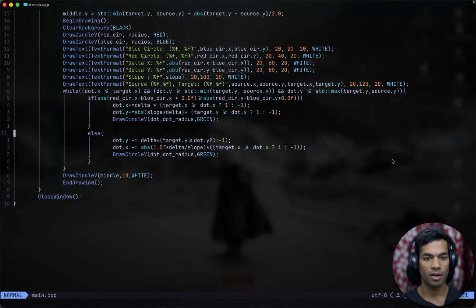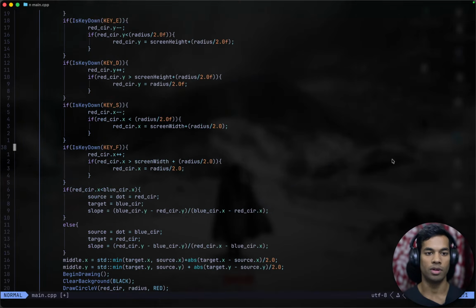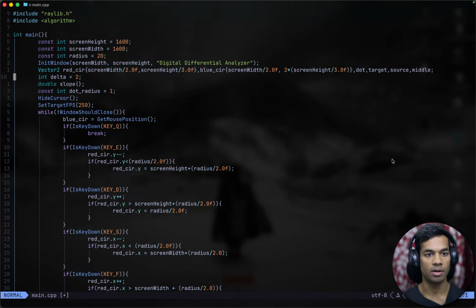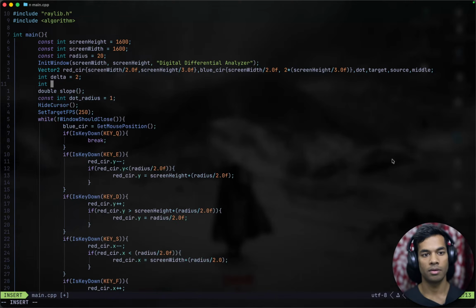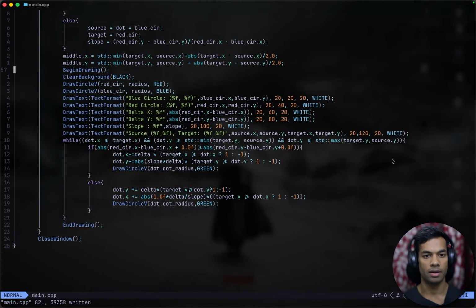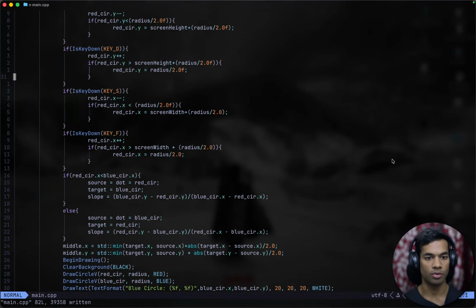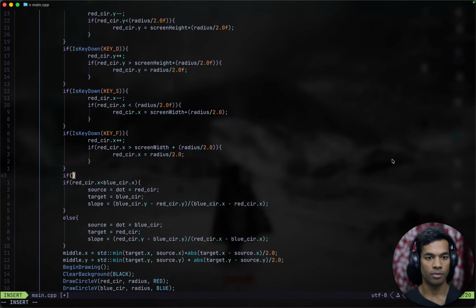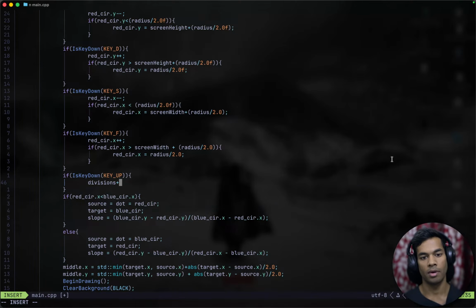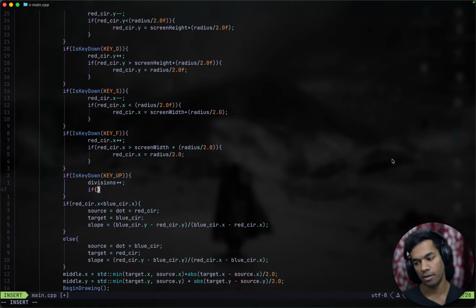Okay, we need to increase the number of divisions. We can do that. We will have a thing here. Divisions initially equal to 0. And to update the number of divisions, if key up, if we press the up key, then divisions plus plus, but we won't make more than 20 divisions. 20 would be quite a bit.